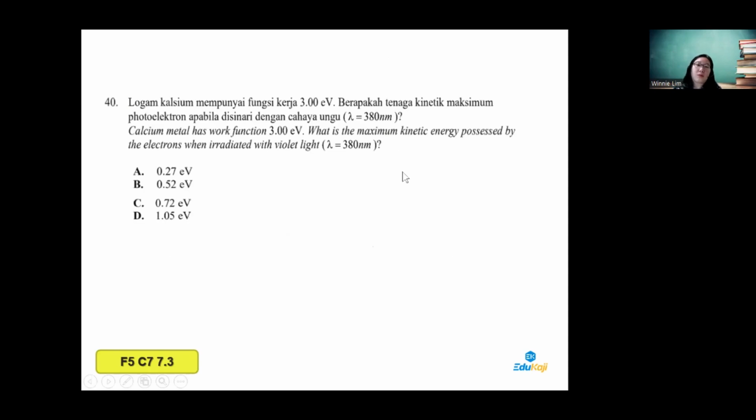Last question, question 40. Calcium metal has a work function of 3 electron volts. What is the maximum kinetic energy possessed by the electron when it is irradiated with violet light? For this question, you need to know Einstein's photoelectric equation: the photon energy equals the work function plus K max. Your answer is in electron volts, and part of the information is also in electron volts.